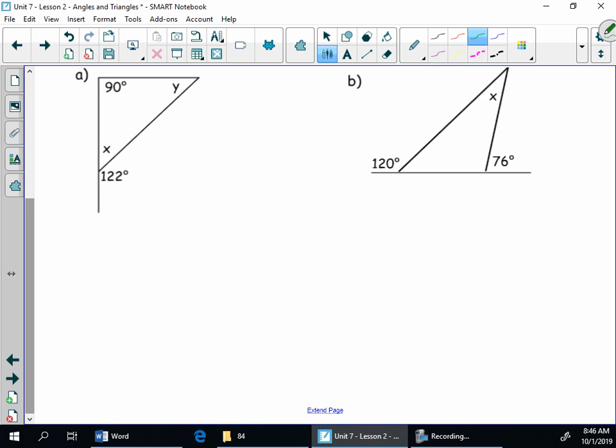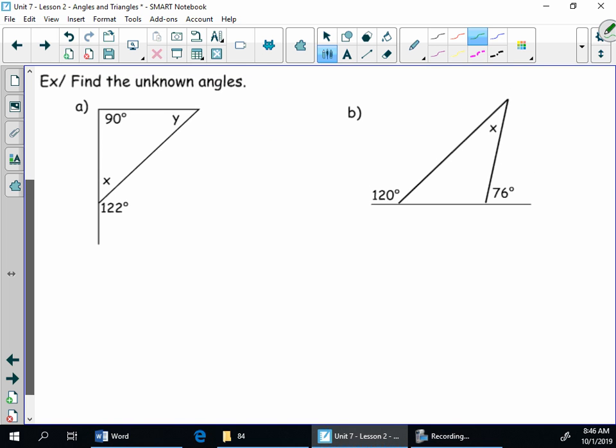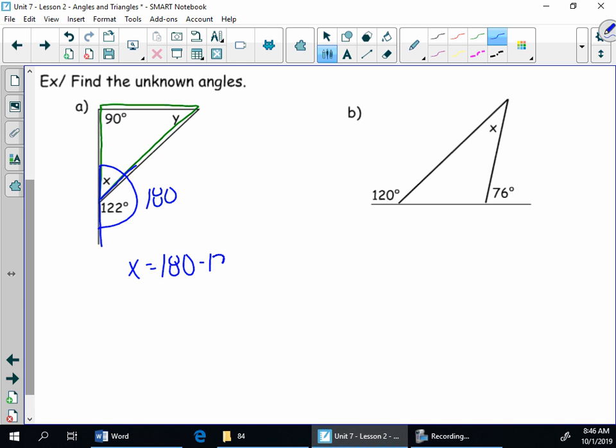Okay, in this first one, what do we see? I definitely see a triangle, but I only know one of the 3 angles, so I can't solve the other 2. But I also see that I have a straight line being met by another line. I know those 2 angles have to make 180. So I can take 180 and subtract 122 and get x.